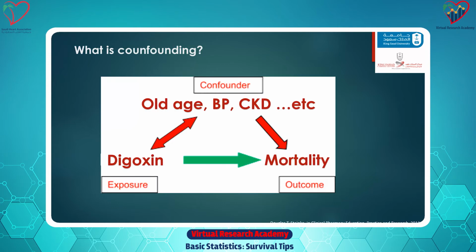So if you go back to the figure, this is digoxin and this is mortality, but this association is confounded by these factors. So yes, more patients on digoxin die, but not necessarily because of digoxin. We don't know if this is because of digoxin or because of these factors.